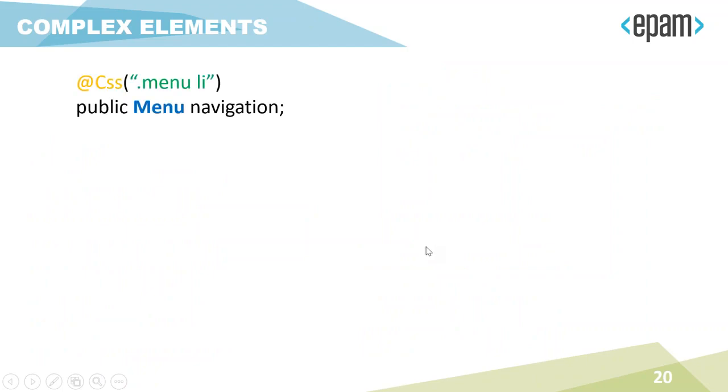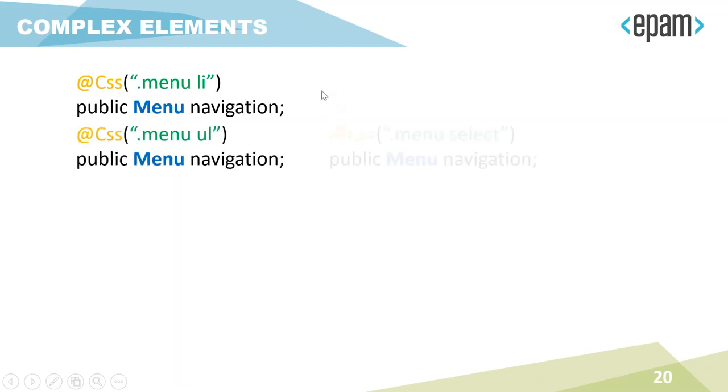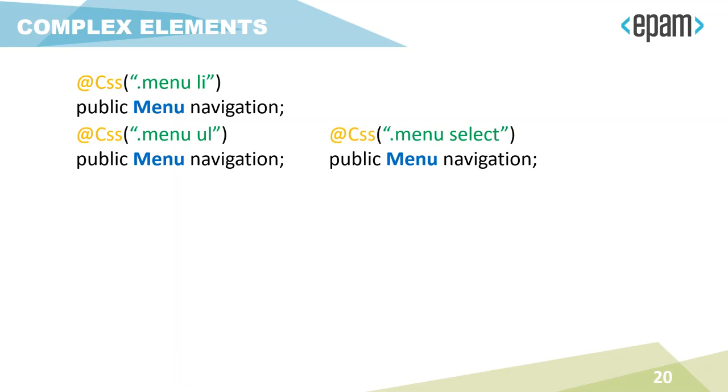Okay, let's start from the first group, and let's look at the locators that we have for a list of web elements. For example, a menu. We can have a standard locator to a list that provides a list of tags from the page. We can have special locators for well-known tags like UL and select, and JDI will automatically get a list of elements from these tags.